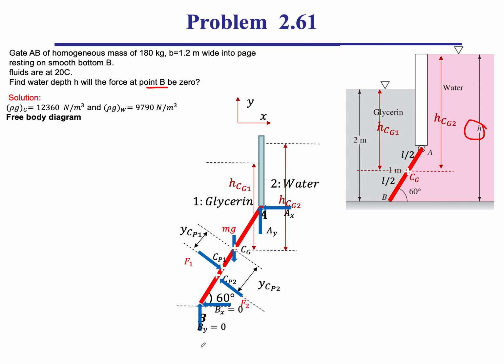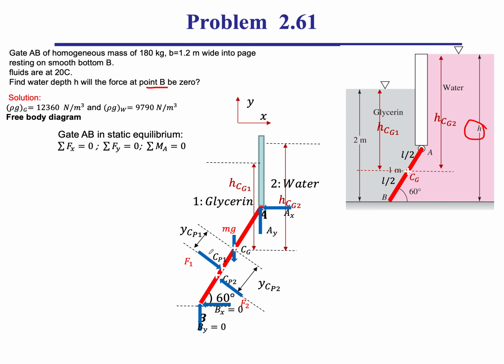Right, so these are our forces, and the gate AB is under static equilibrium. Which means the summation of forces in the x direction will be 0, and also the summation of forces in the y direction will be 0. And the summation of moments around any point is going to be 0.